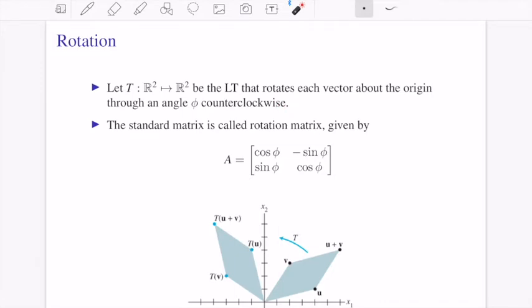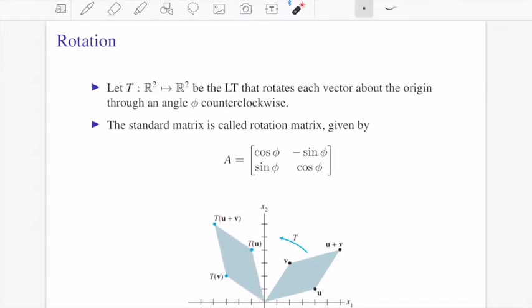We can think of phi as 45 degrees. Then the standard matrix is called the rotation matrix, which is a 2 by 2 matrix. The visualization from image processing is the following: if you have a certain polygon and you take the rotation phi, you end up with another new polygon.